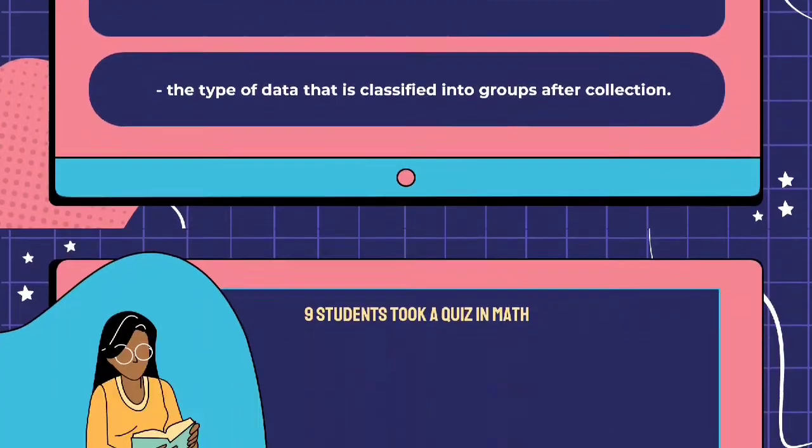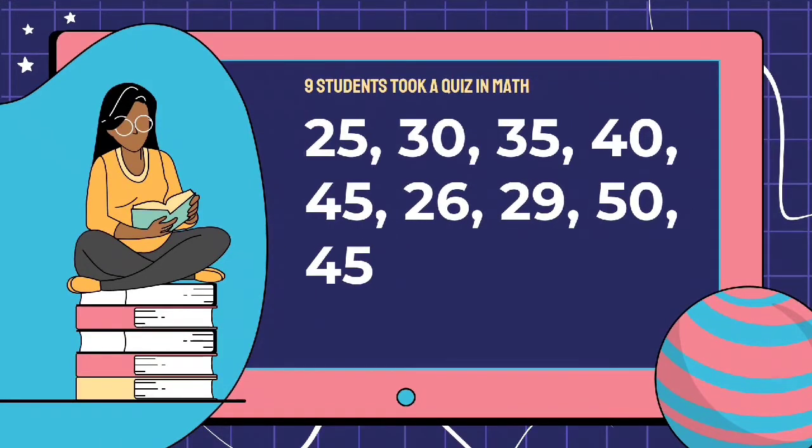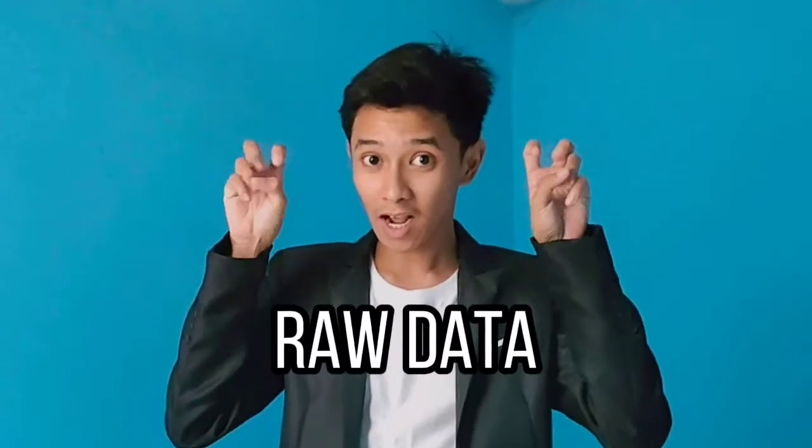For better understanding, let's have this example. Let's say that 9 students took a quiz in math and the scores are as follows: 25, 30, 35, 40, 45, 26, 29, 50, and 45. Based on our definition, ungrouped data or raw data are data that has not been placed in any group or category after collection.